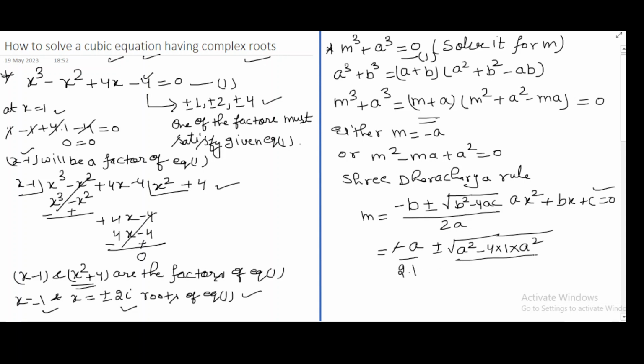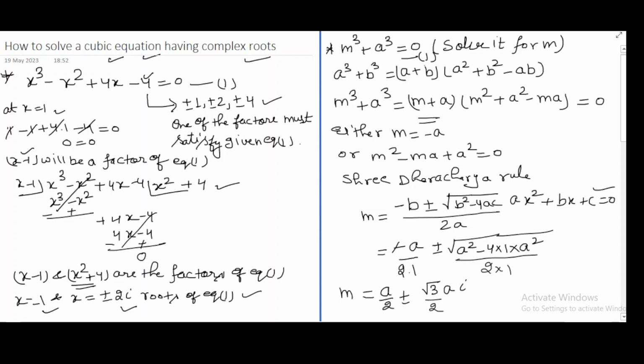The final value will be a by 2 plus minus root 3 a i upon 2.